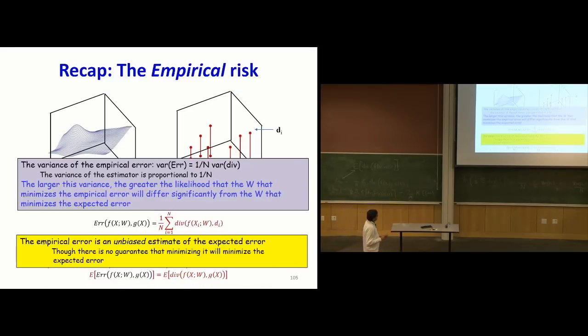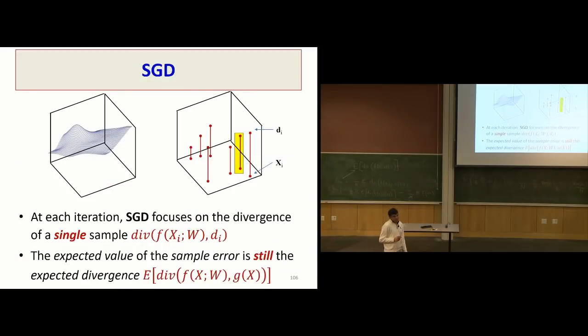Before I do that, what happens when I consider stochastic gradient descent? In stochastic gradient descent, at each iteration, SGD focuses on the divergence of a single sample. So the loss that SGD is minimizing at each iteration is simply going to be a single divergence, right? Divergence of a single sample. What is the expected value of this loss? The expected value of this loss is simply the expected value of the divergence. So the loss that SGD minimizes is also an unbiased estimate of the true loss.